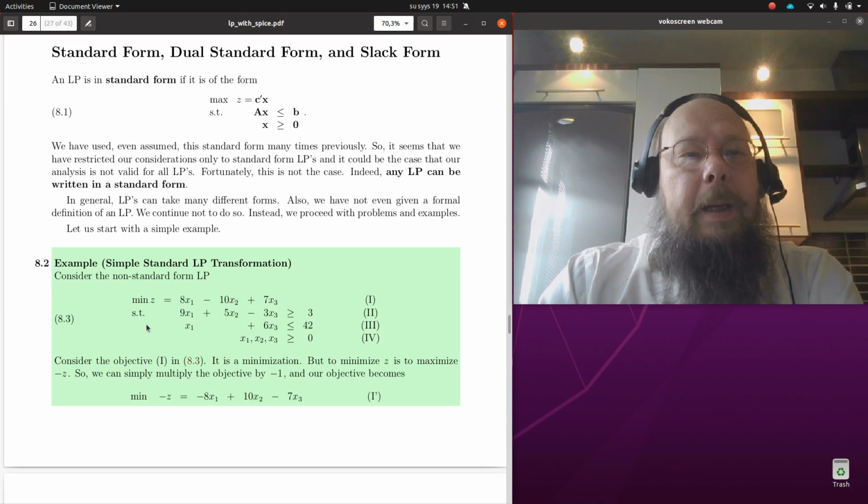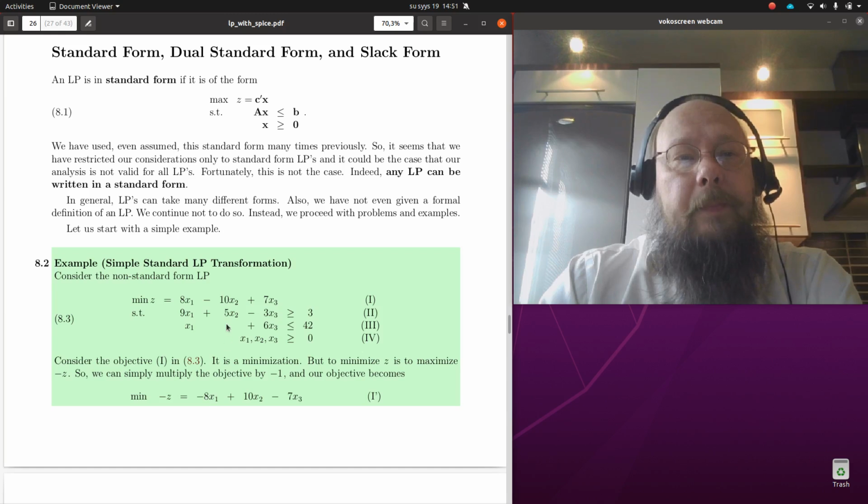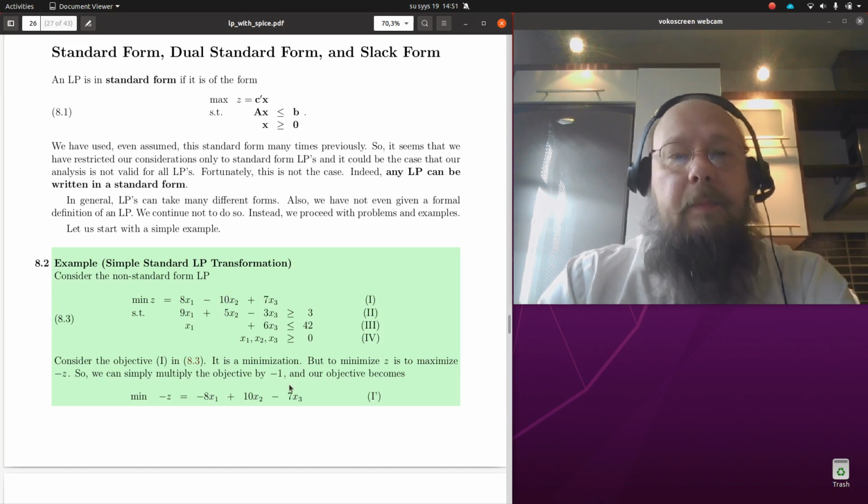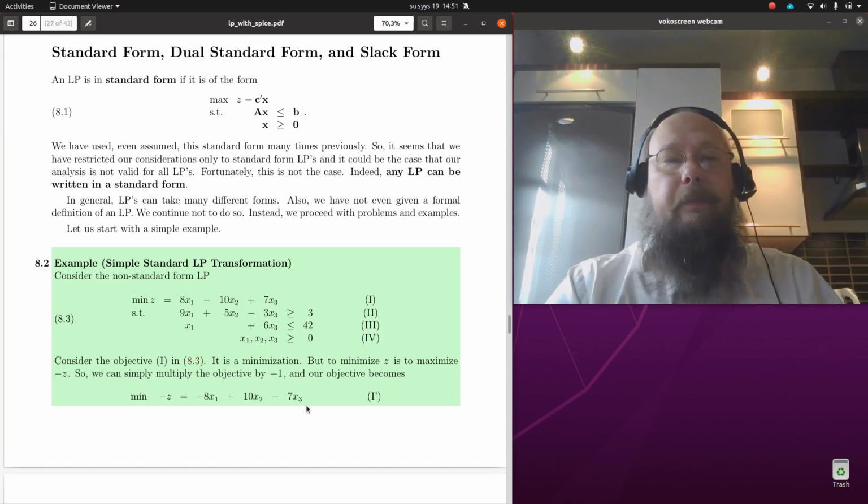So minimization of z is the maximization of -z, and then 8x1 becomes minus 8x1, minus 10x2 becomes plus 10x2, and plus 7x3 becomes minus 7x3. And I keep the minus sign here.